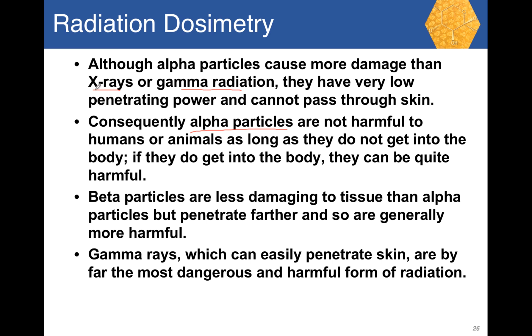However, the X-rays, of course, as you know, penetrate the skin, and the energy of that radiation is a lot more than visible light, for example. Beta particles are less damaging, and of course gamma rays is another one that has a very, very short wavelength, high energy. So that's why it's considered a dangerous form of radiation.